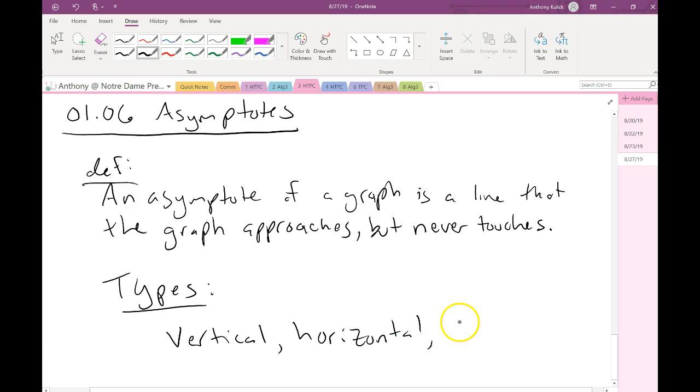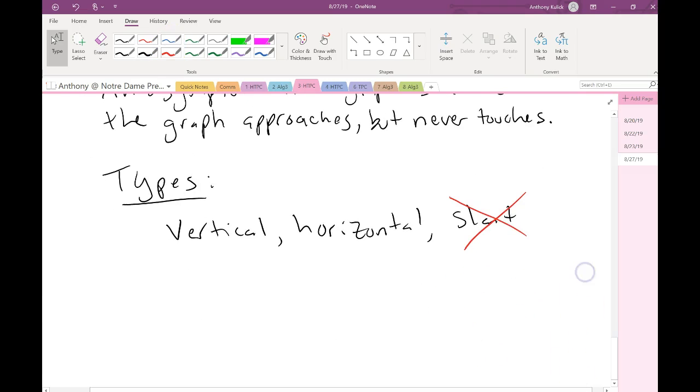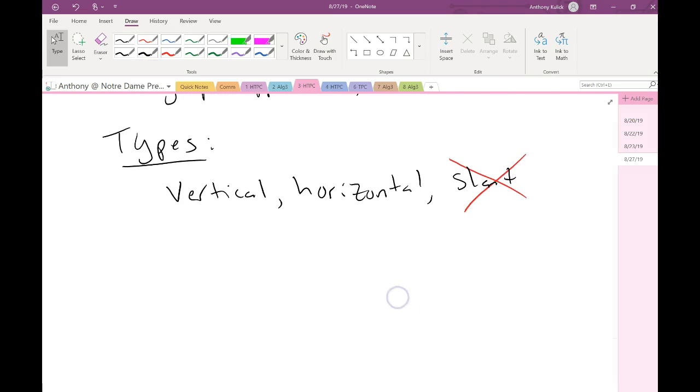And lastly, slant or oblique. We're not going to worry about these right now. And when we talked about rational functions, did we always have a horizontal asymptote, or did we sometimes have something that was close but not exactly? We had some stuff that was often close but not exactly.